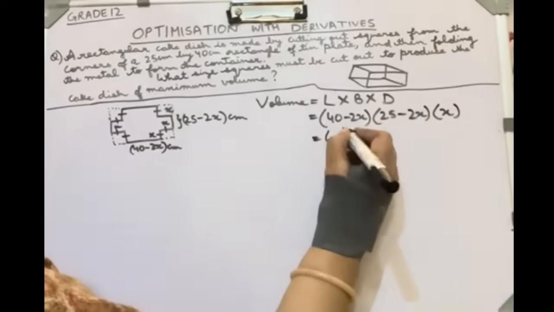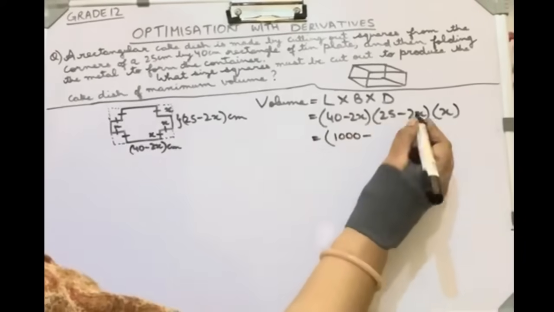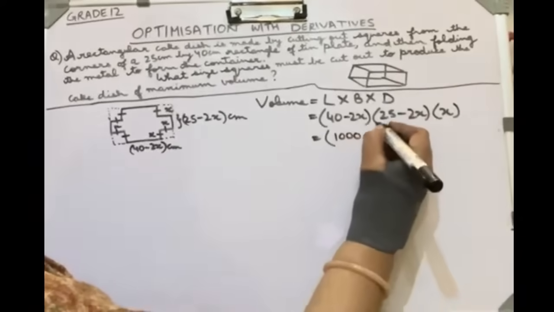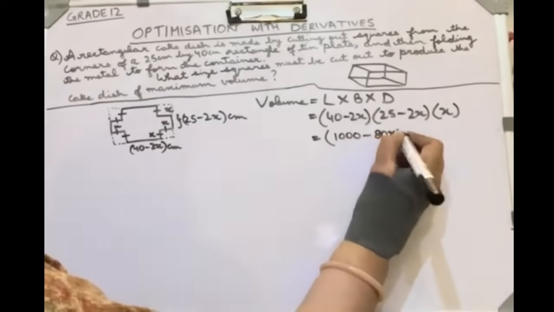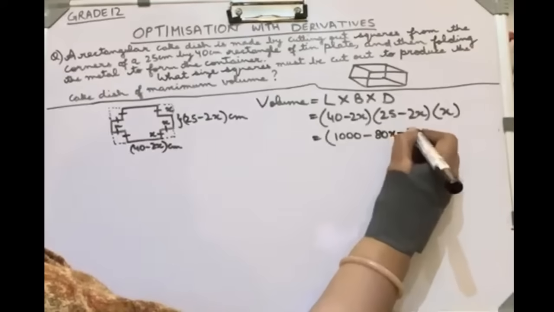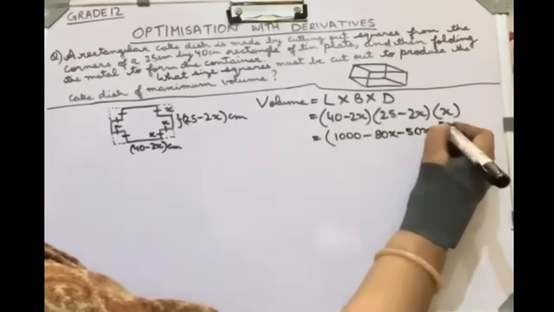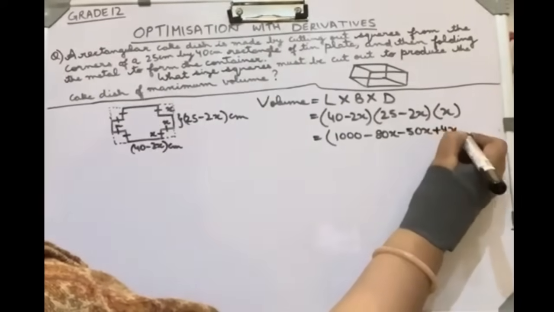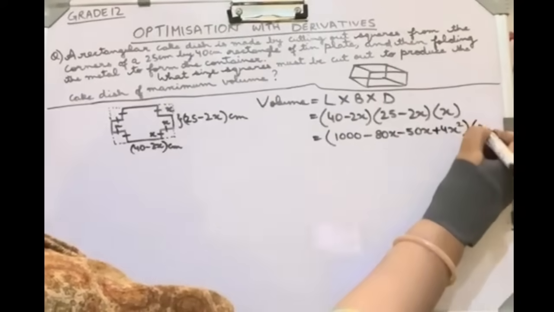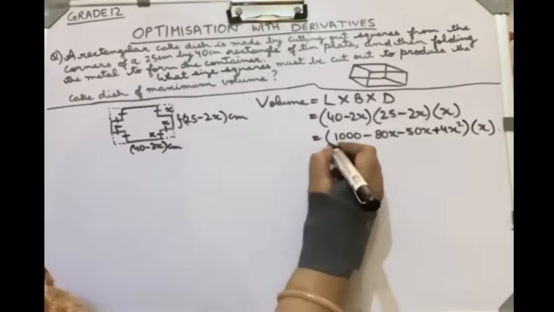So 40 multiplied by 25 is 1000, minus 40 multiplied by 2x is minus 80x. Again, minus 2x multiplied by 25 is minus 50x. Minus 2x multiplied by minus 2x is plus 4x squared, multiplied by x.